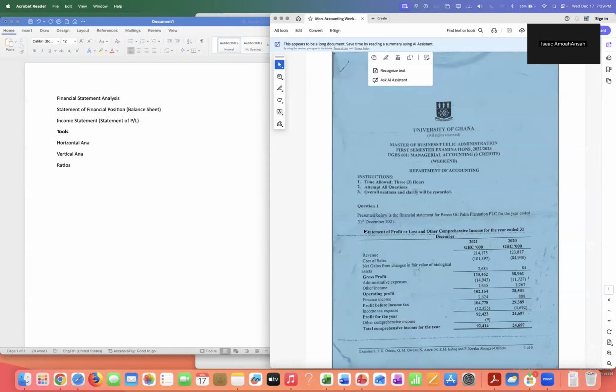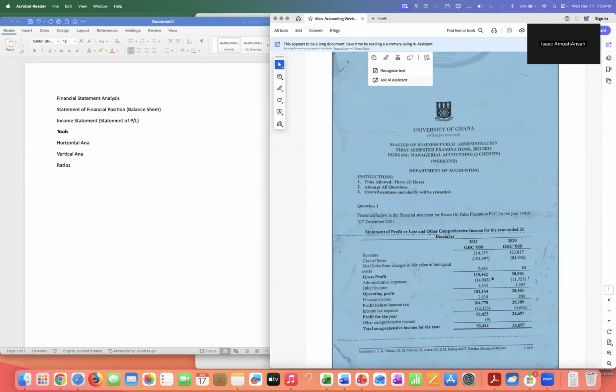Look at the first heading, statement of profit or loss and other comprehensive income for the year ended 31st December 2021 and 2020, right? So this statement gives 2 different years. And then we can use these 2 years to do a horizontal analysis, noting the growth in the items that exist on the face of this report.